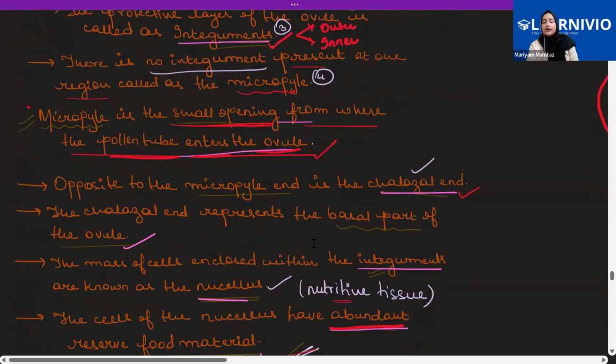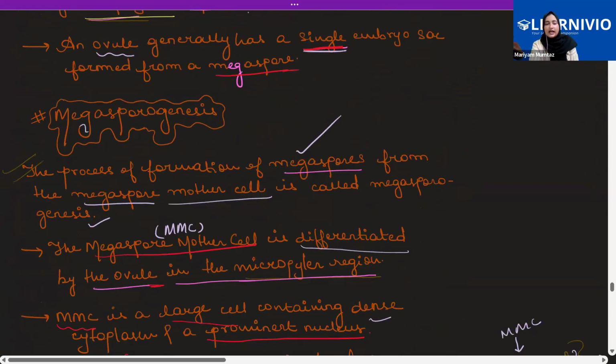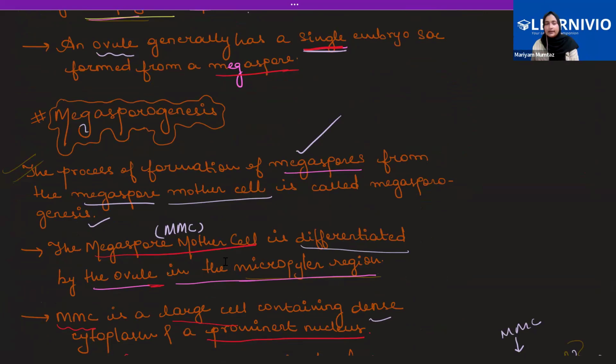Now, talking about megasporogenesis. Megasporogenesis is the process of formation of megaspores from the megaspore mother cell. Just like microspore mother cells gave rise to microspores, here the megaspore mother cell will give rise to megaspores.